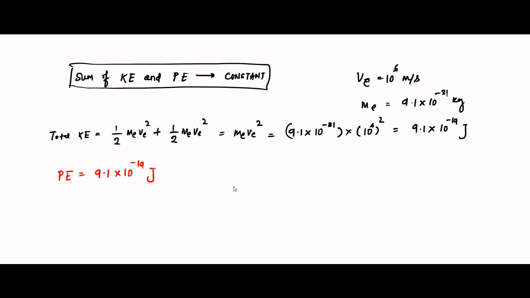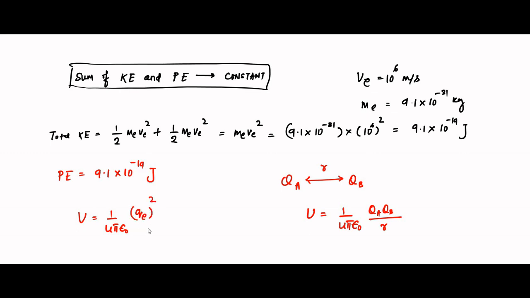Now we know that for two charges QA and QB separated by a distance r, the potential energy is 1 by 4 pi epsilon 0 QA QB by r. For the two electrons, the potential energy will be 1 by 4 pi epsilon 0 e square by r, where e is the electronic charge.